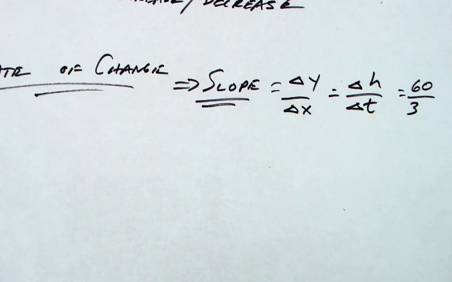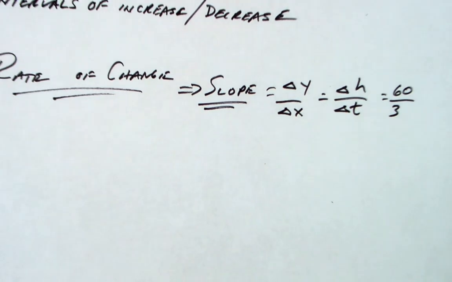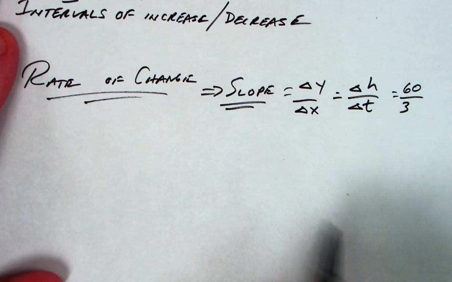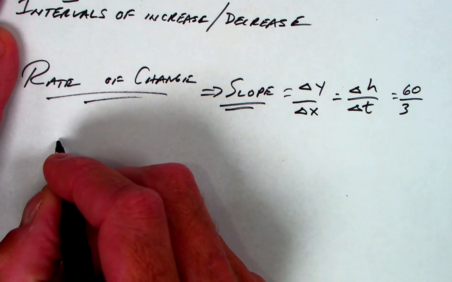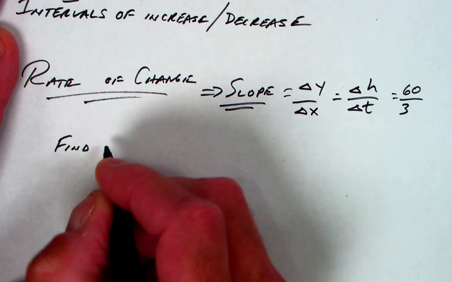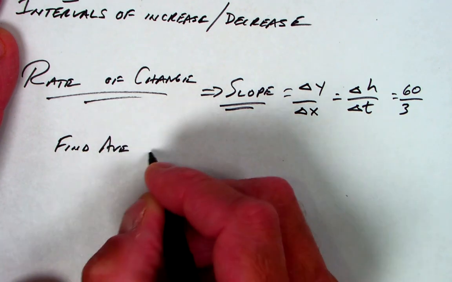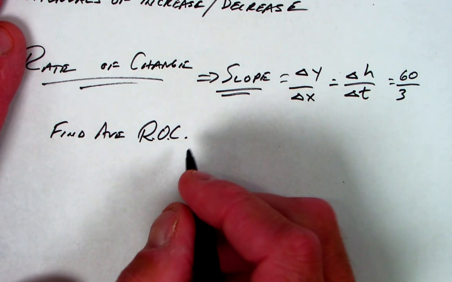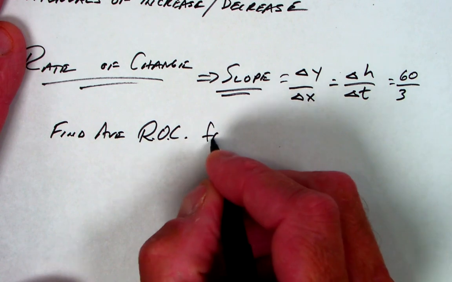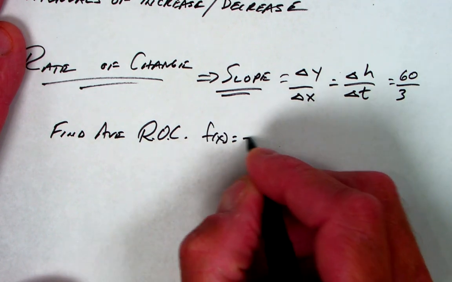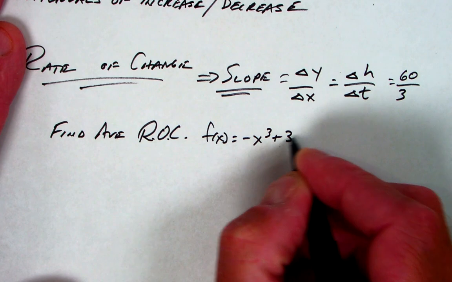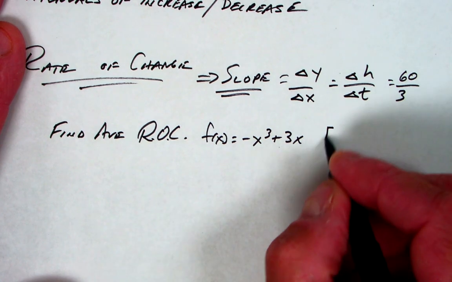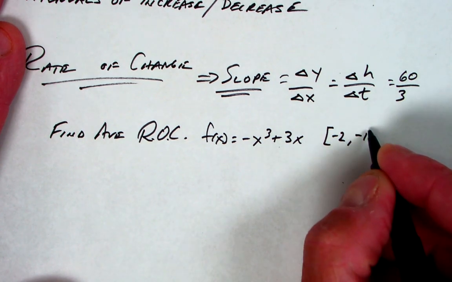So with rate of change, we're trying to see how the result of my function compares with the input of my function. Let's do this: find the average rate of change, ROC, of f of x over the interval -2 to -1.